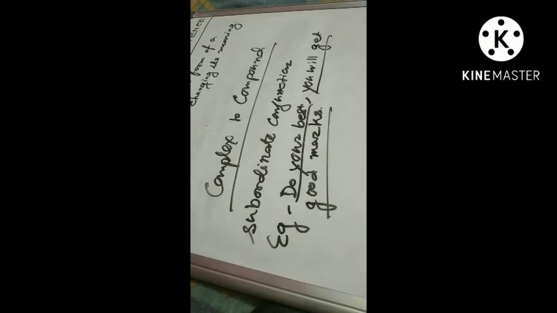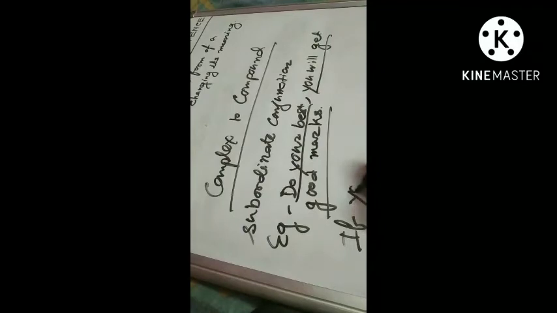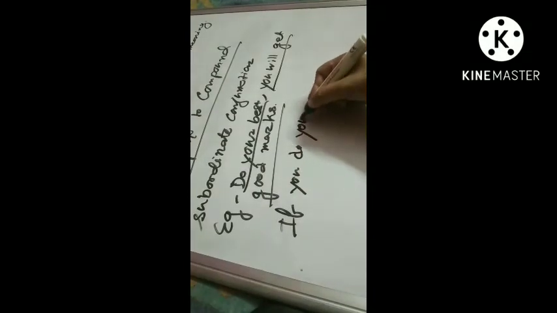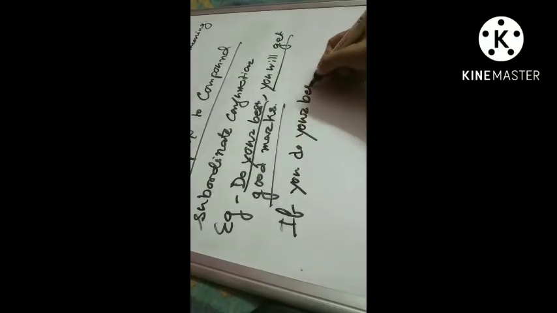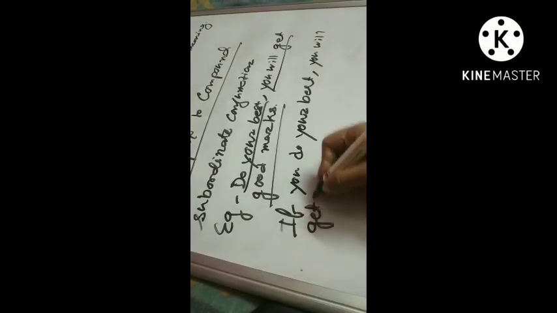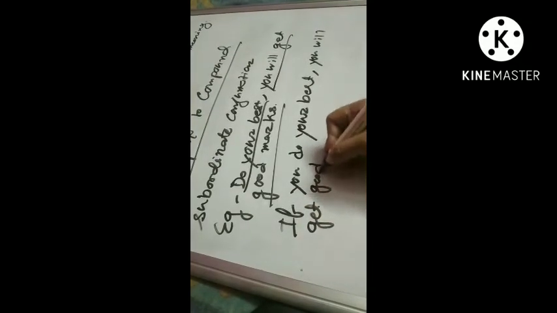And when you make it complex, how to do? Then you need a conjunction. Suppose, if you do your best, comma, you will get good marks.